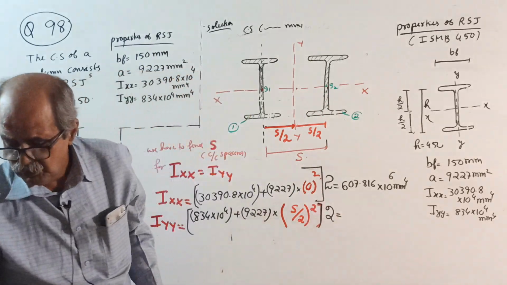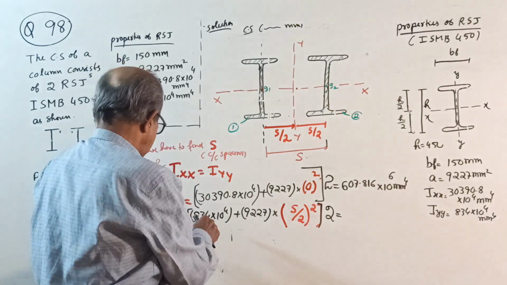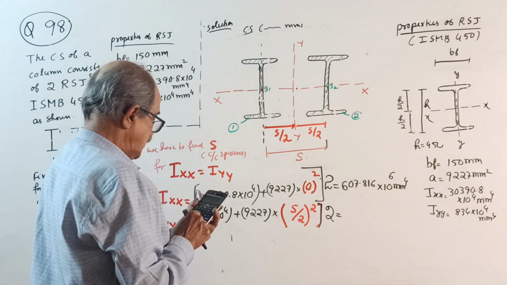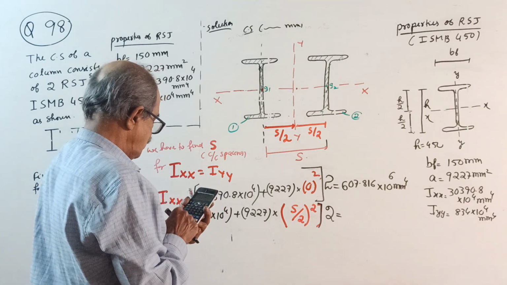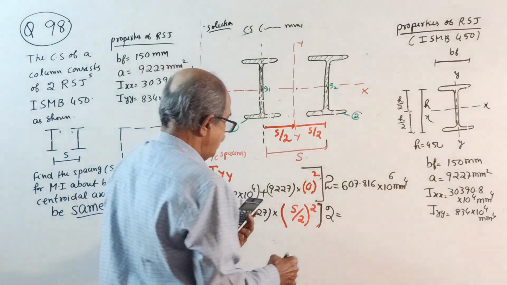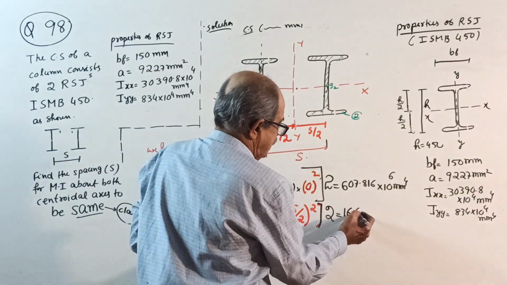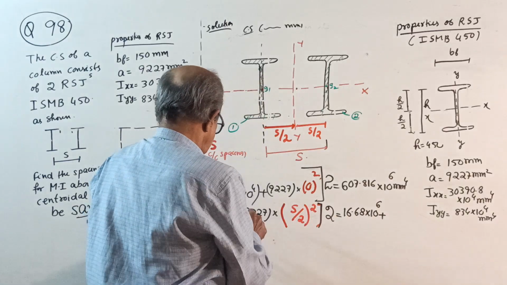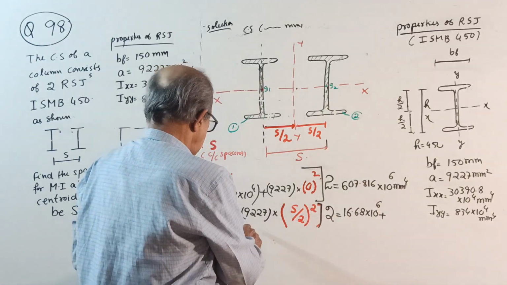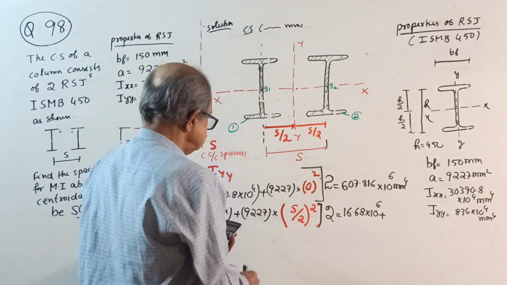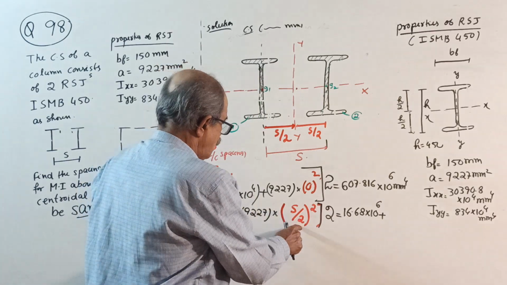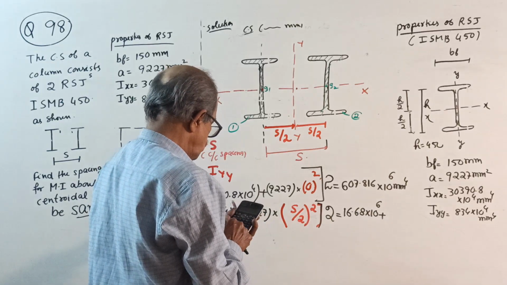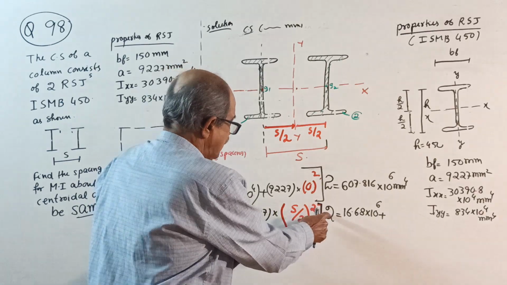What will happen now? Now you will get first one numerical value. See here, 834 into 10 to the power 4 into 2 will give you 10 to the power 6 if you write 16.68 into 10 to the power 6, plus 9227 into 1 by 2 square, into 1 by 2 square is 9227 divided by 4, then into 2.